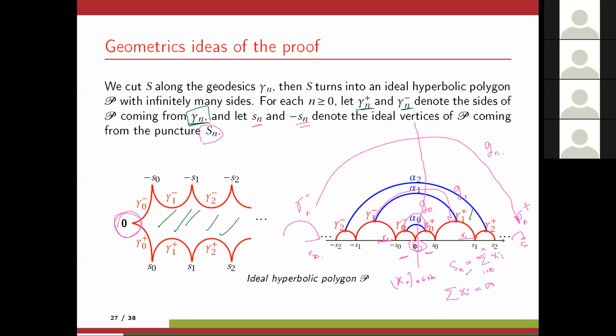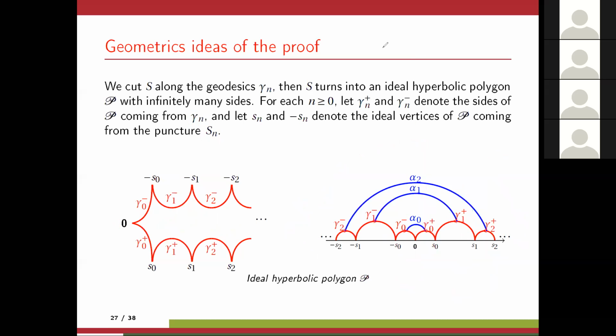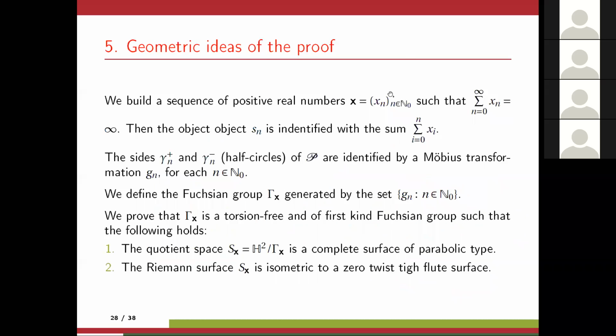What you need to do is take the group Gamma x generated by the set of Mobius transformations Gn.